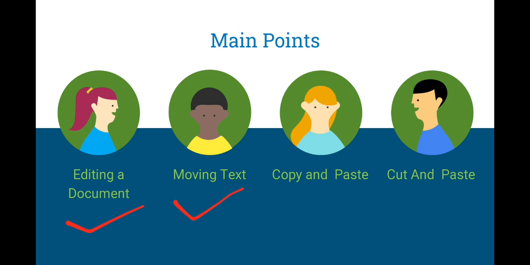You can move text from one location in a document to another by using the drag and drop technique with the help of the mouse. And we have also studied some steps on how to move text. Copy and paste operation.